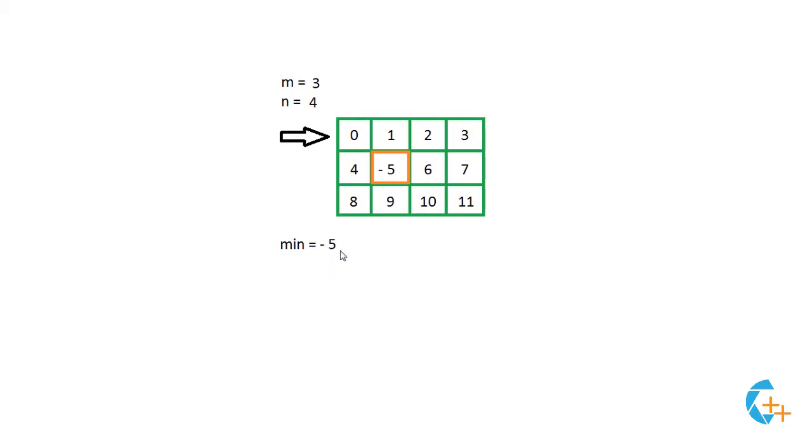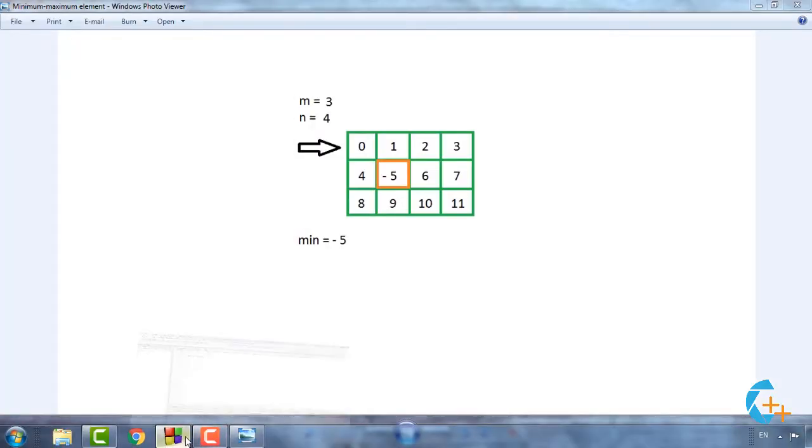After, this variable will be compared with 1, 2, 3, and so on until you reach the last element. And in the end, this variable will retain the minimum value from this array, so -5. Now let's see the code.